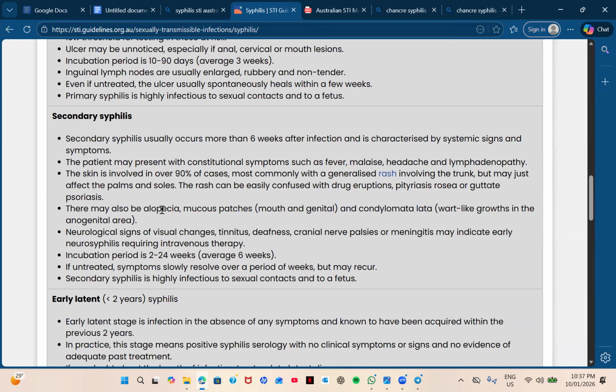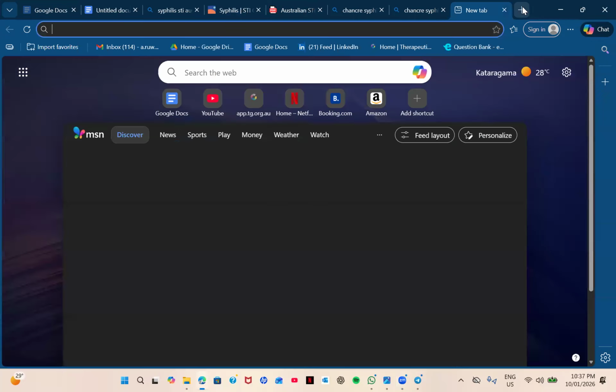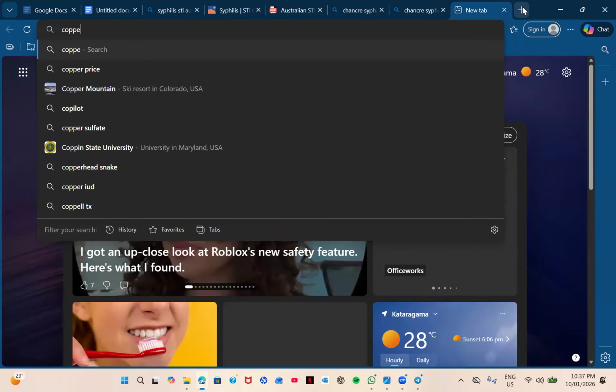You don't know it? No, I'm asking about this rash. It's a copper rash, right? It's a very famous one. We call it the copper rash.